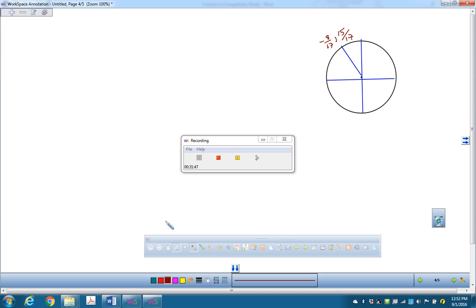So even though this is not one of the points that we just found on our unit circle, it is a point on the unit circle. It's because if I did Pythagorean theorem, this squared plus this squared, this comes out to be 1. Believe me. I think the denominator is 289, and it works out to be 1. Okay?